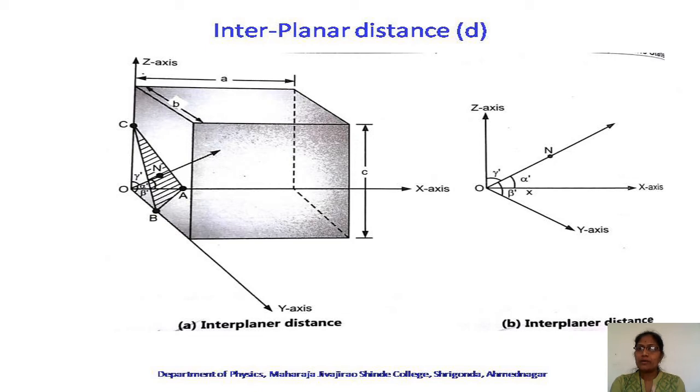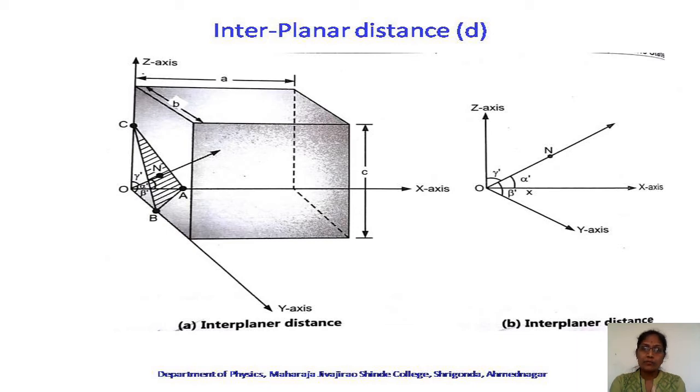Now from the figure it is seen that this plane belongs to the Miller plane HKL, the family of HKL. Therefore, OA is given as a upon h, OB is defined by b upon k, and OC will be given by c upon l.